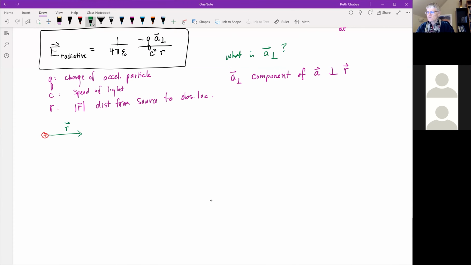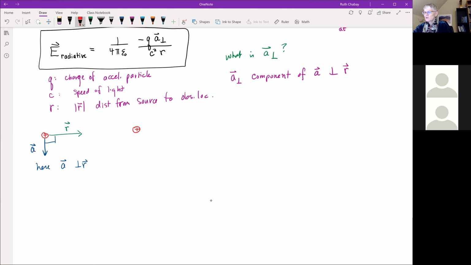So this is our vector r, and the acceleration was downward. So here, A is perpendicular to r. Okay, so A perpendicular is just A. But at a different observation location, that wouldn't be the case.